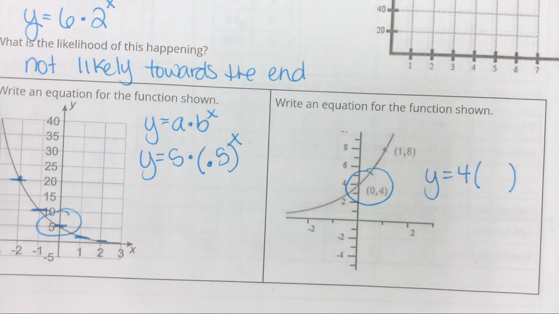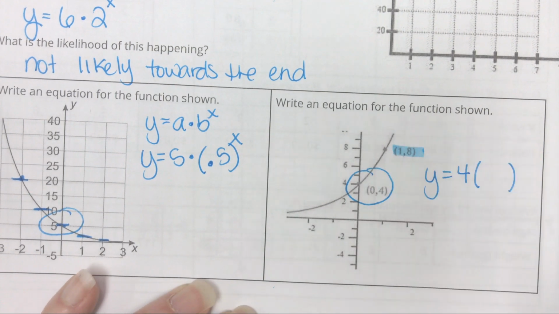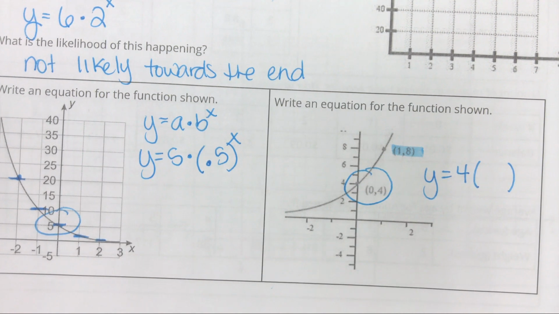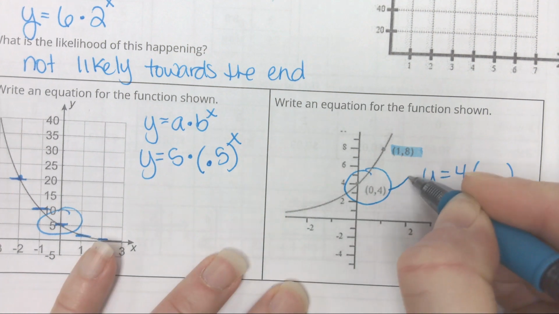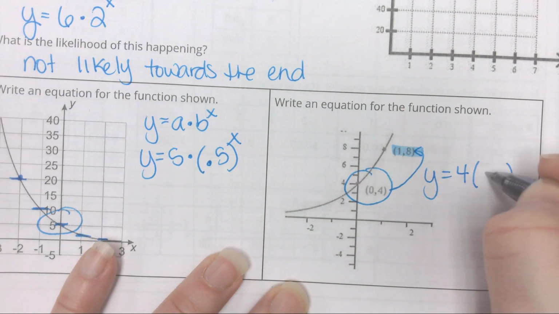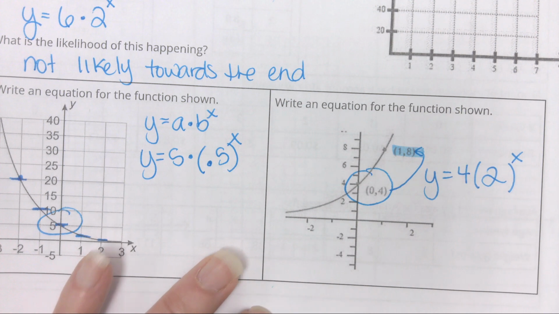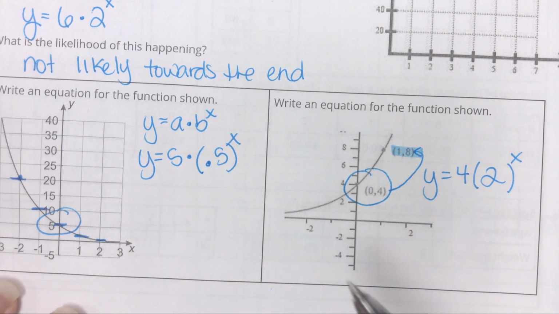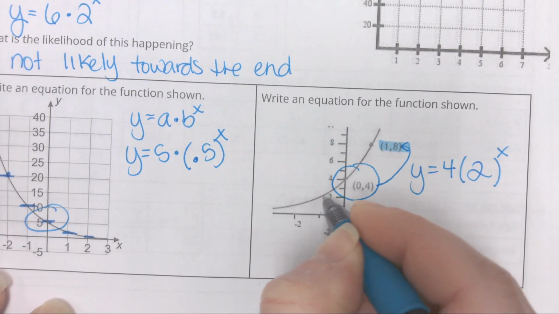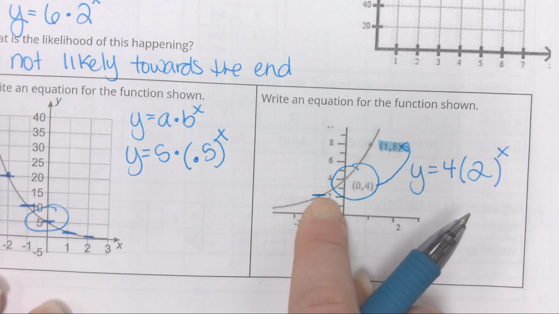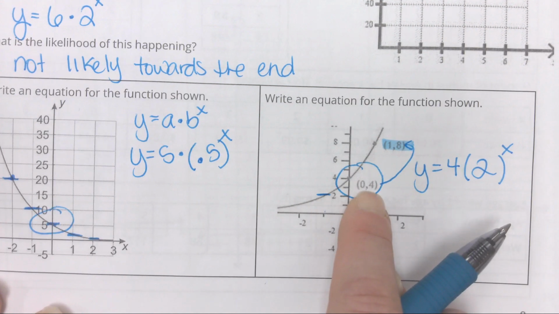The next point I give you is 1/8. Well, if I went over 1, what is the y value multiplied by? 4 times 2 is 8. So 4 times 2 to the x. If you went backwards 1, you could also see before that it was a 2, and isn't 2 times 2 4? Okay.